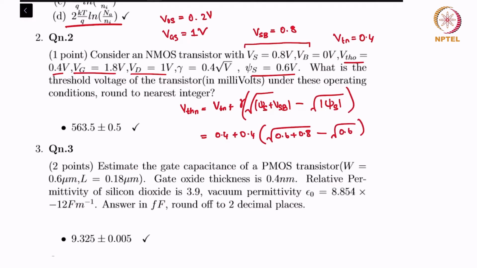Doing this, you will find that this is 0.4 plus 0.4 times 0.408, which is equal to 563.4 millivolt.